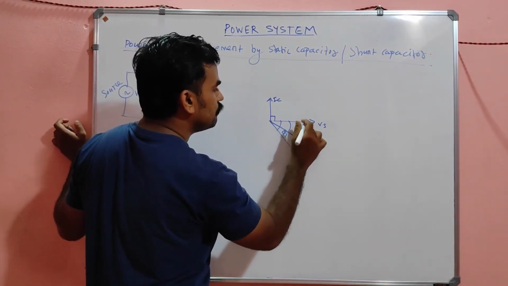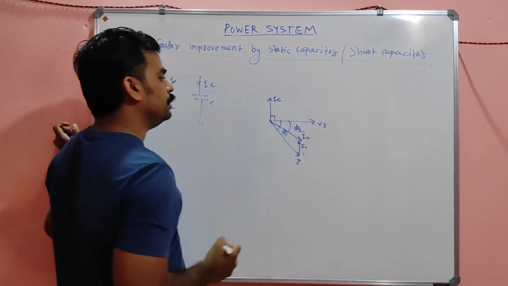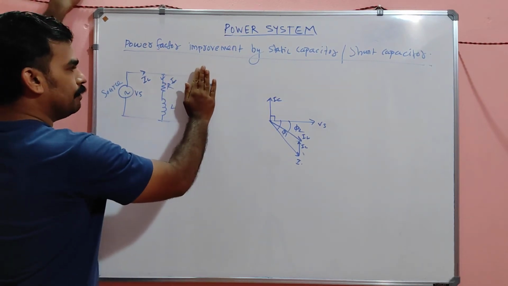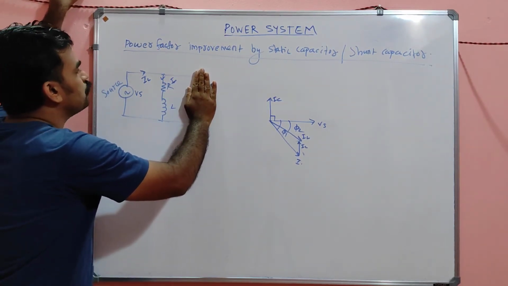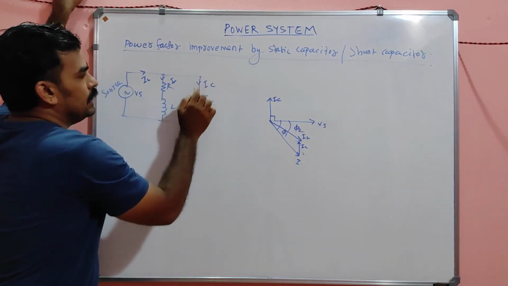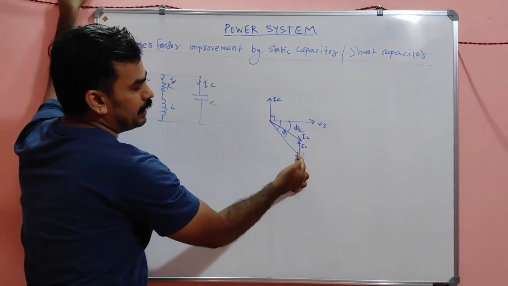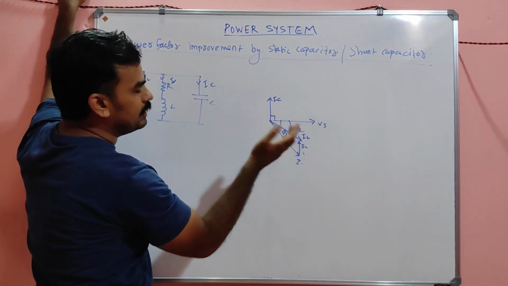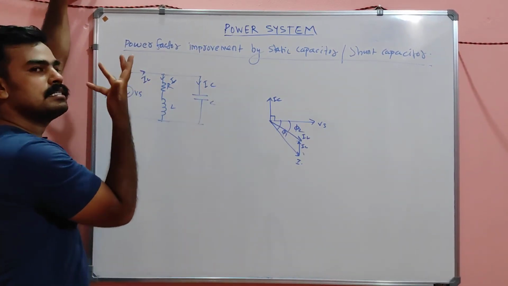So the power factor angle is phi 2. Is it clear? Initially there was no IC, so simply I can say that Vs and I will be set like this. If you insert some IC there, I plus IC will be IL, that's all.